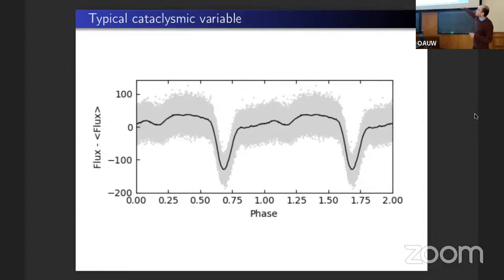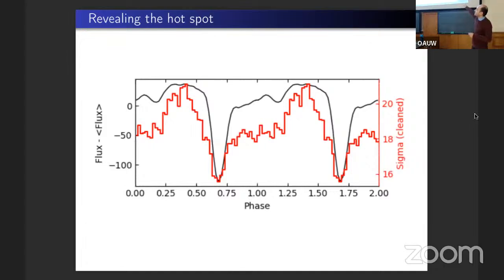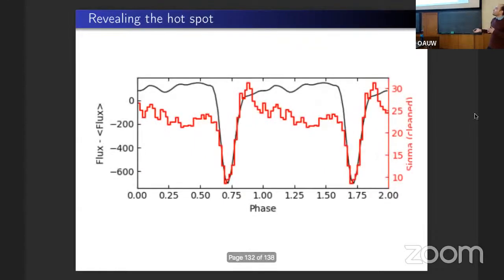So for this exact system, where we measure the flickering in the exact same way, so again, with red is the amplitude of flickering, we see there is a hotspot-like bump before the eclipse. And looking at a different system, we see that there is a hotspot-like bump after the eclipse. So maybe flickering can also help us find hotspots in systems where we don't see any hotspots just by simply looking at the orbital variability.